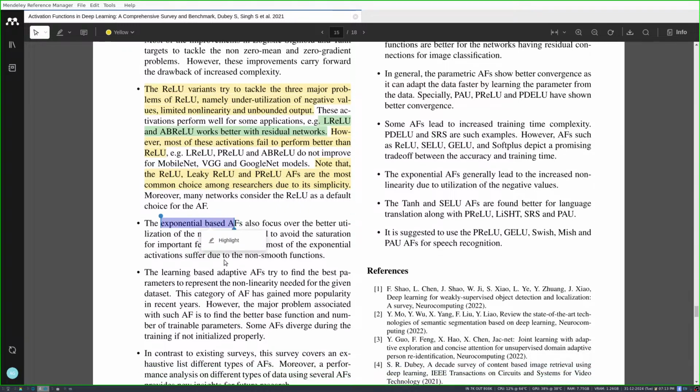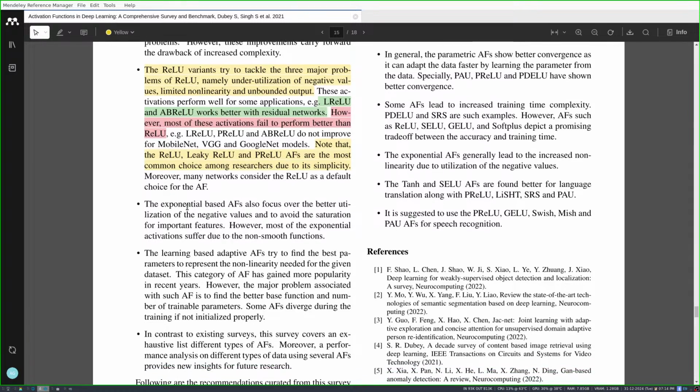The exponential-based activation functions also focus on better utilization of negative values and avoiding the saturation of gradients, which however most of the exponential activations suffer from due to non-smooth functions. Okay.